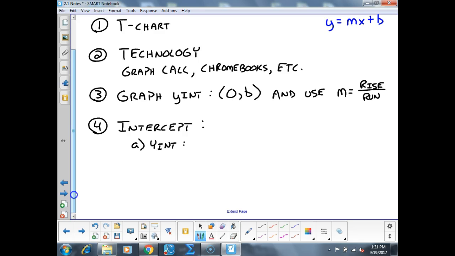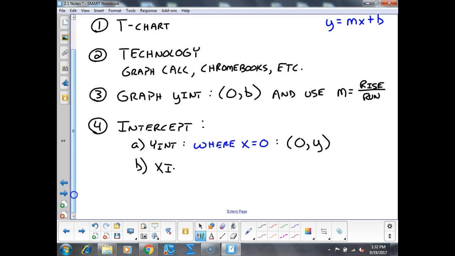Well, the y-intercept is where x is equal to 0. It comes in the form 0, comma, some number. In this case, we'll call it y. Really, it's 0, comma, b. But your other point that you can graph, relatively easy, is called the x-intercept.